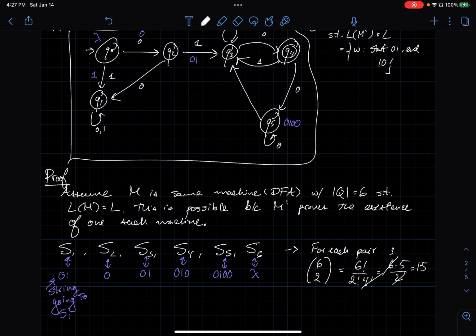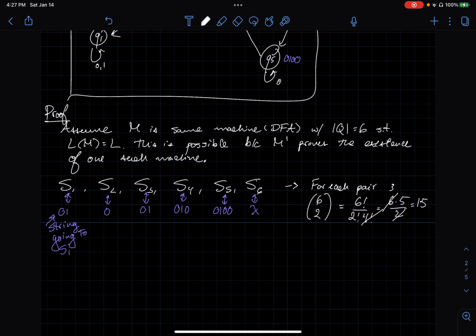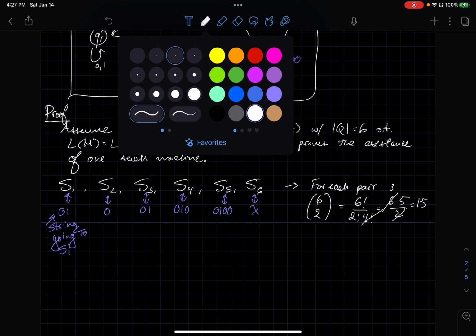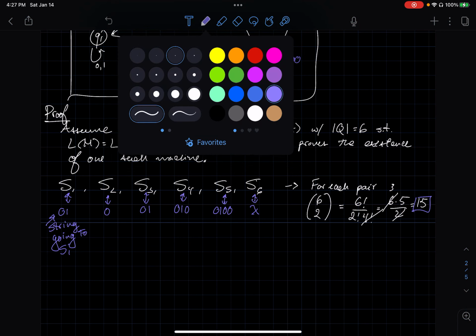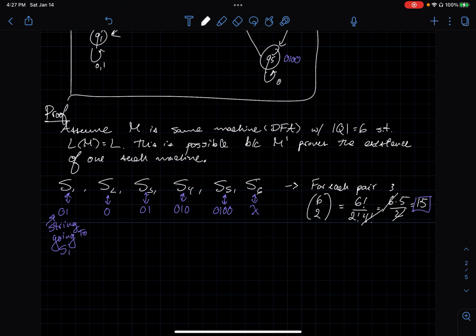So now what I need to do is assume for each of these 15 pairs that the states are the same and then derive a contradiction. Having not realized how long this would be, I'm not going to do all 15. I'm going to show you a few, and you should be able to do the rest yourself.